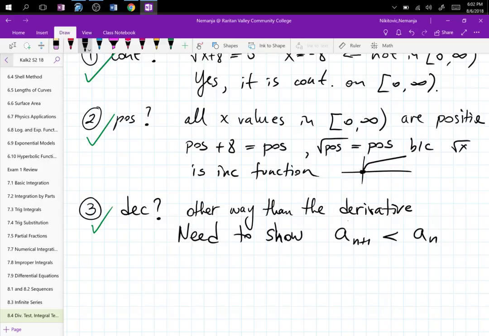You want the next number to be smaller than the previous one, right?